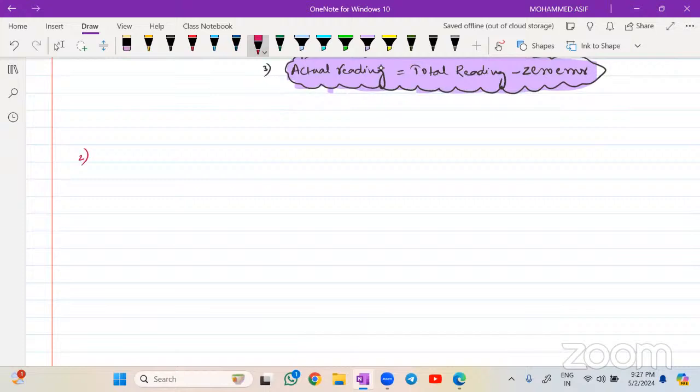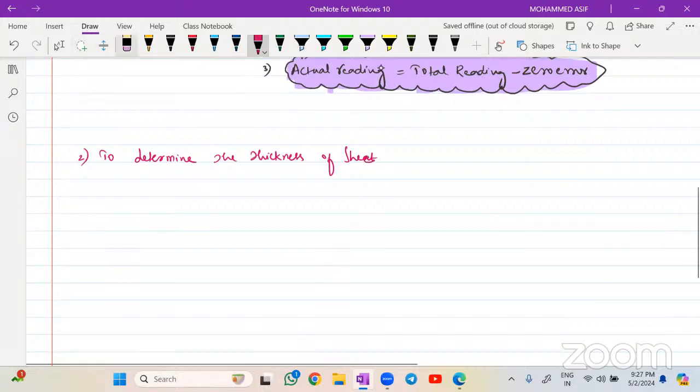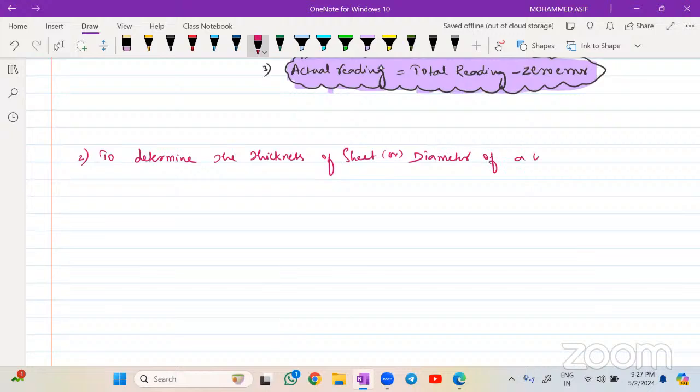Second experiment जो default आपको याद रहना है. To determine the thickness of the sheet or diameter of a wire using screw gauge.